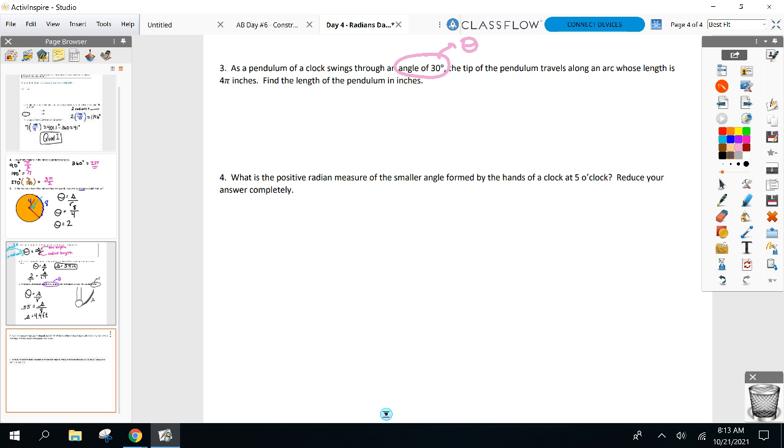What's the 4 pi then? R or S here. Think about it. The pendulum travels through an arc whose length is 4 pi inches. So S. What am I solving for? R. Find the length of the pendulum, R.